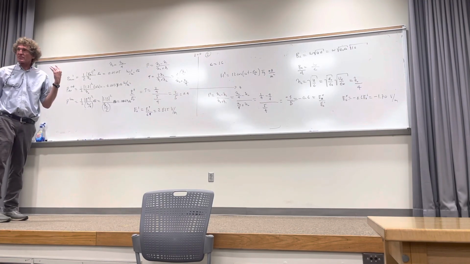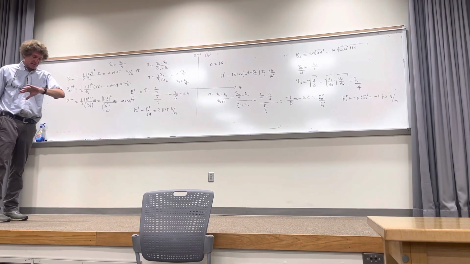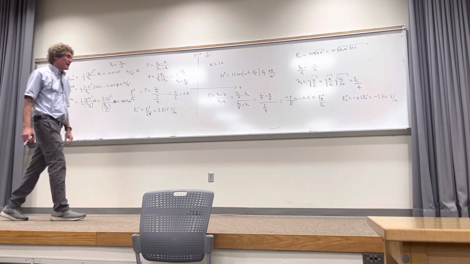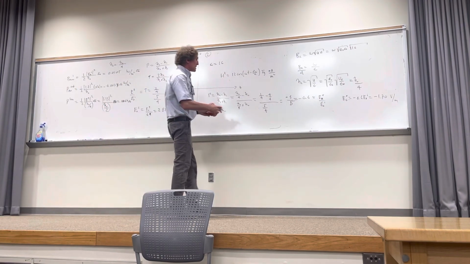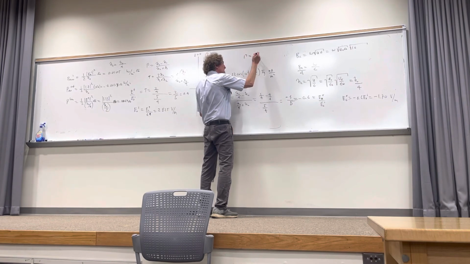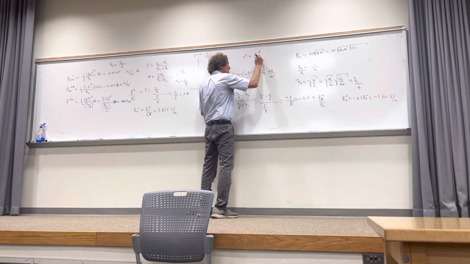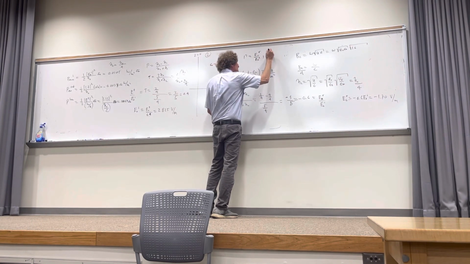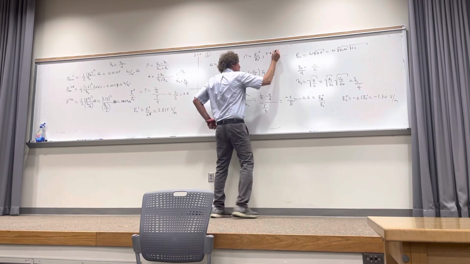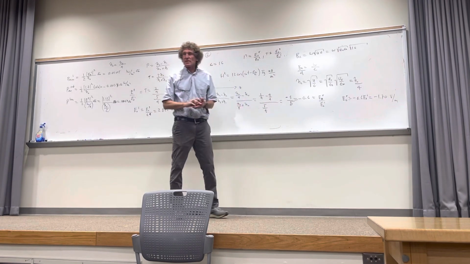We didn't get the H field in the first region for the incident and reflected, but you all follow the tactic. Now I gotta tell you, this is one thing you have to be careful of. When I say that the reflection coefficient is equal to E naught reflected over E naught incident, and the transmission coefficient is equal to the transmitted electric field over the incident field, those are electric field quantities.